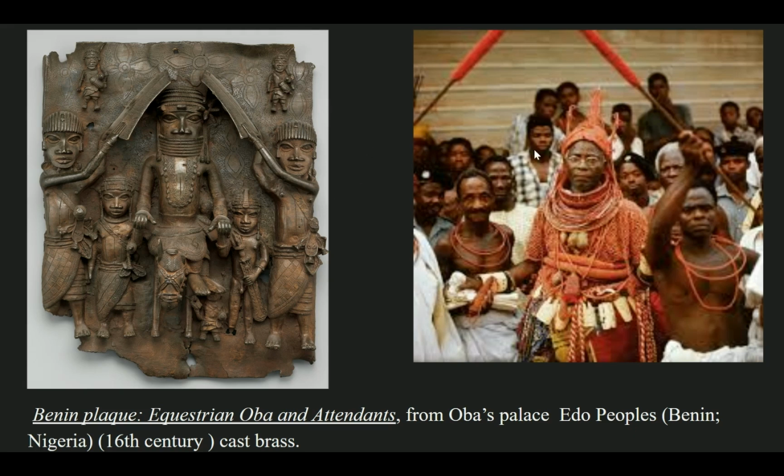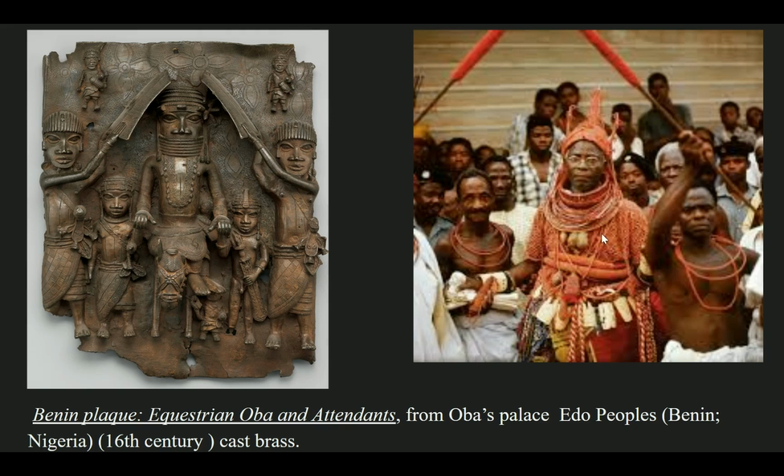And notice the similarities between this picture of the Oba and here is the wall plaque. The coral that we see that stands out to you the most was actually from the Portuguese. So for a long period of time, the Portuguese and the Edo peoples had a very mutually beneficial trade relationship.